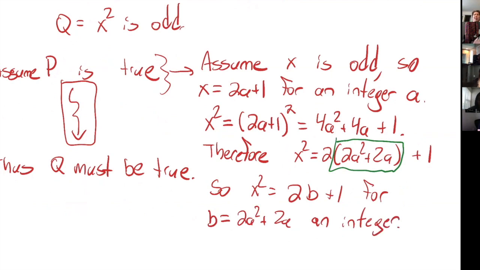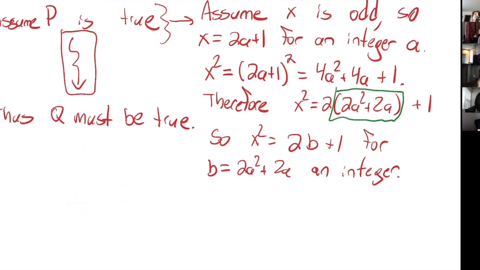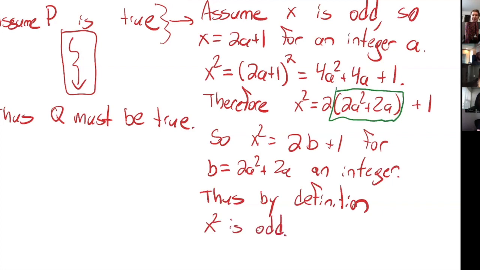Since we've shown that x squared can be written as 2 times an integer plus 1, by definition, x squared is odd. And there we go. That would be it.